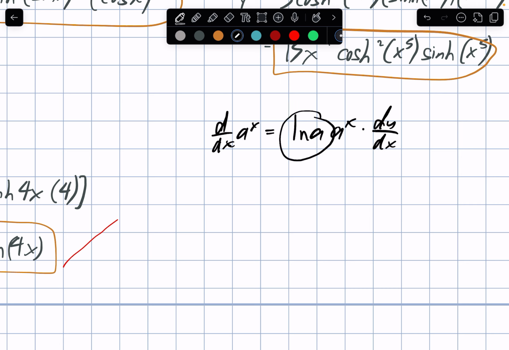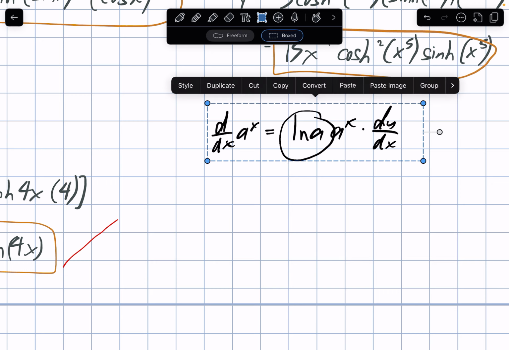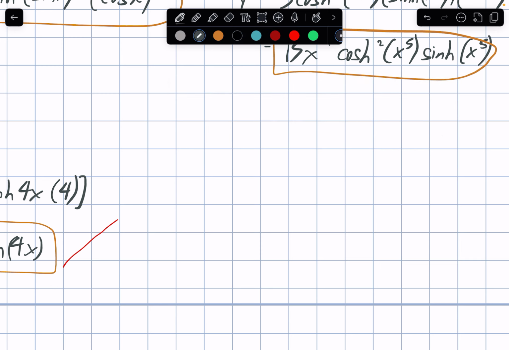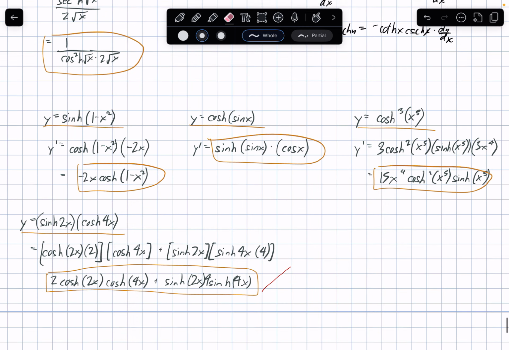So we'll be extending on that idea in the ln method. If you try to find the derivative of functions where a variable is in the exponent position, you just don't solve it the usual way. You need to apply ln on both sides, and the rest I'll be explaining in the next video. That's it. Cheers.